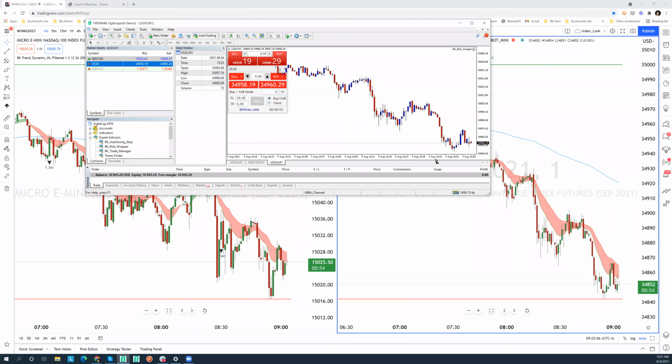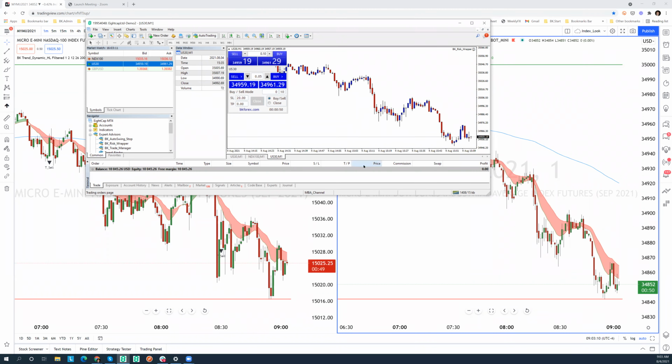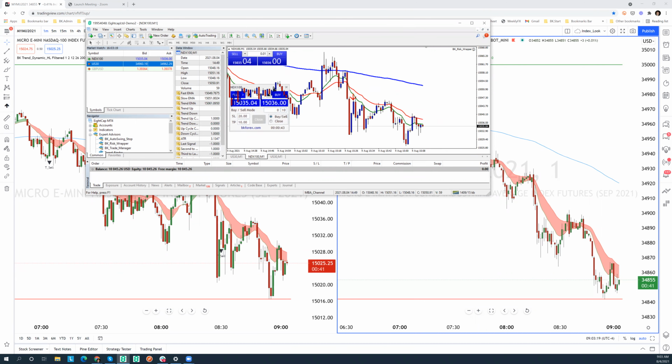Okay. Maybe just a little bit longer. Okay. One, two. Oh, okay. Now I've got to do sizing. Okay, so NDX, we're going to put 10.